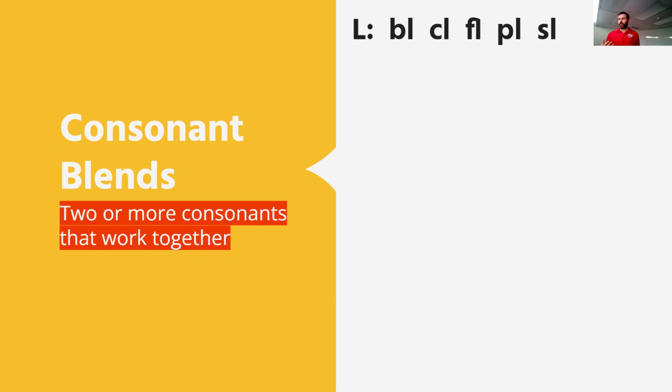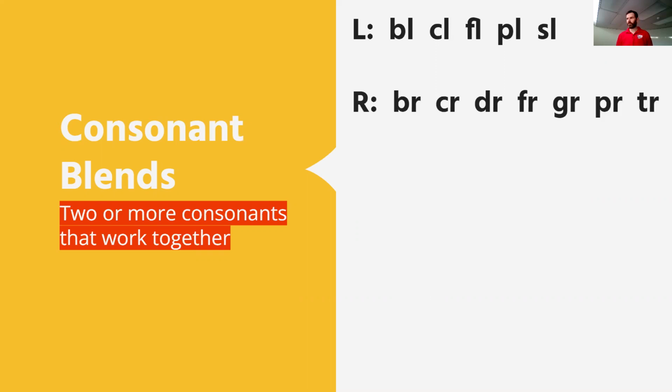So the L blends are the BL, CL, FL, PL, and SL blends: bl, cl, fl, pl, and sl. The R blends are BR, CR, DR, FR, GR, PR, and TR: br, cr, dr, fr, gr, pr, and tr.